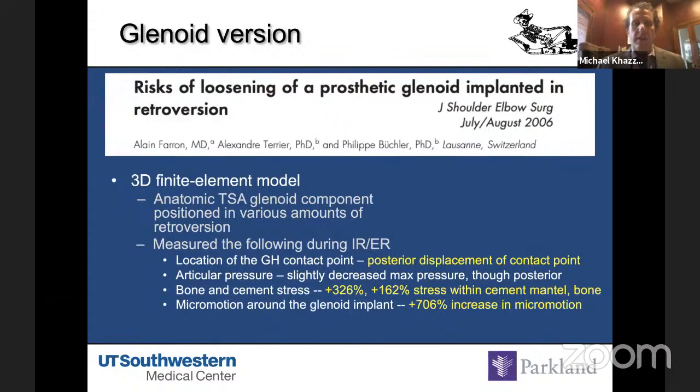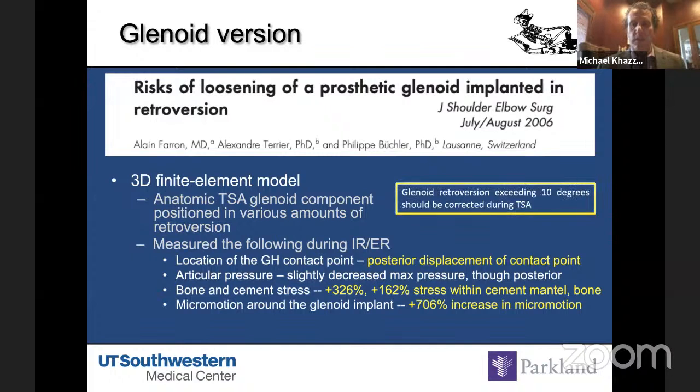So a decentered or posterior displaced contact point increases the articular pressure and then creates significant stresses within the cement mantle and bone, up to 300% increases, and then micromotion of up to 700% increases, which results in loosening.